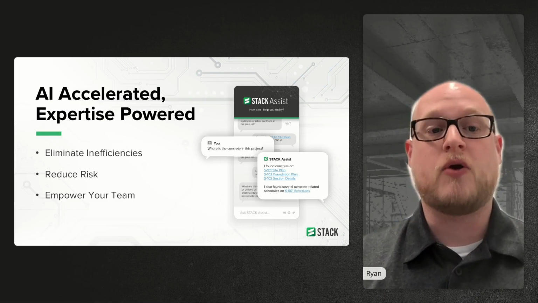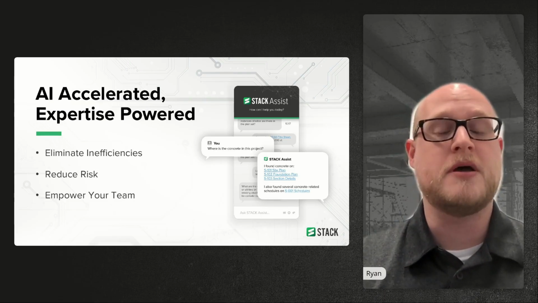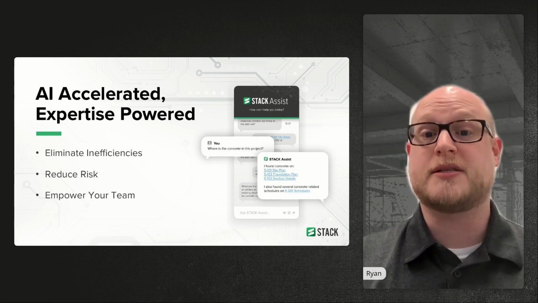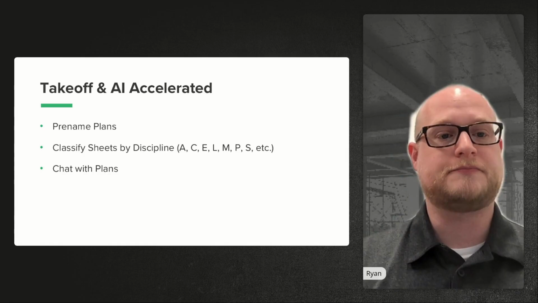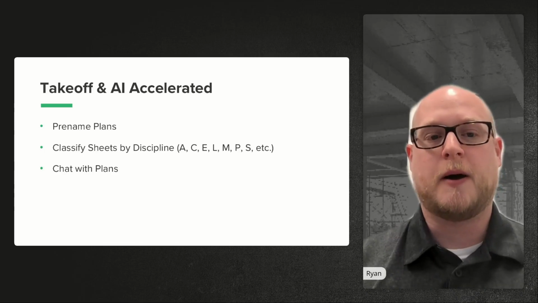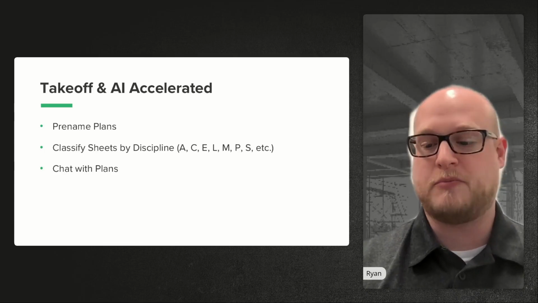Our goal here is to eliminate inefficiencies, reduce risk, and really empower your team by leveraging AI to be an assistant to your workflows. We're going to continue on from recommend scale onto pre-naming plans, classifying sheets with discipline, and then eventually leading into chat with plans.